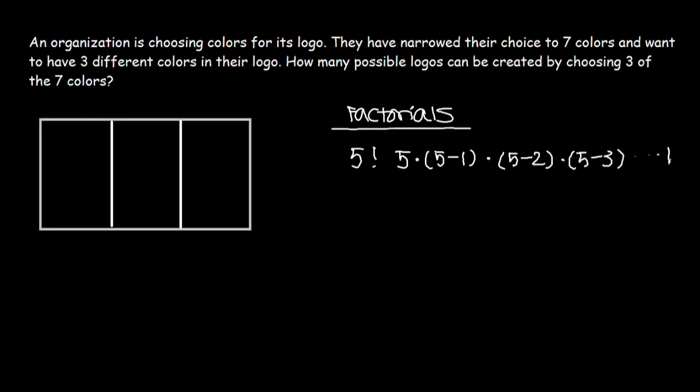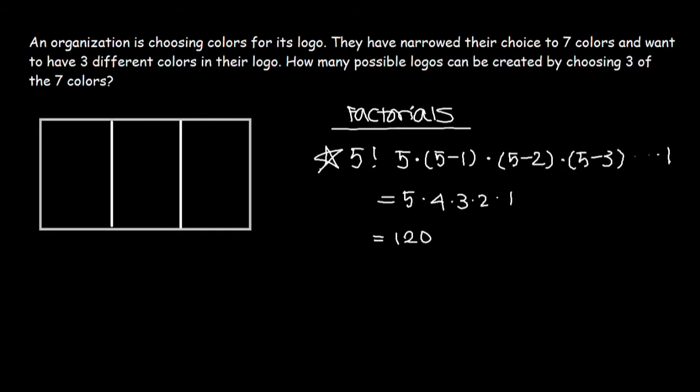So in this case, this is just going to be simplified to 5 times 4 times 3 times 2 times 1, which is 120.